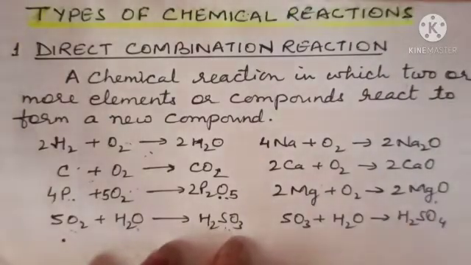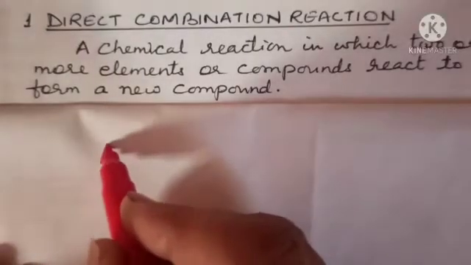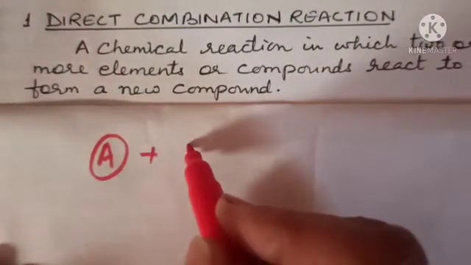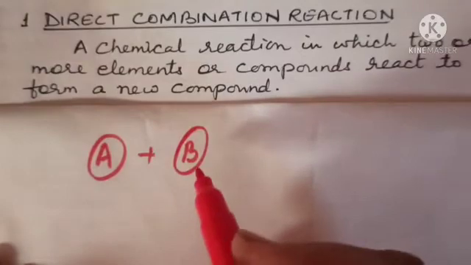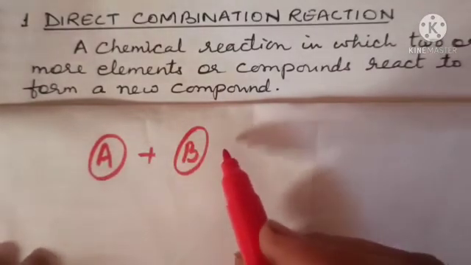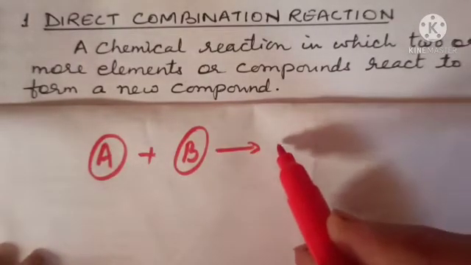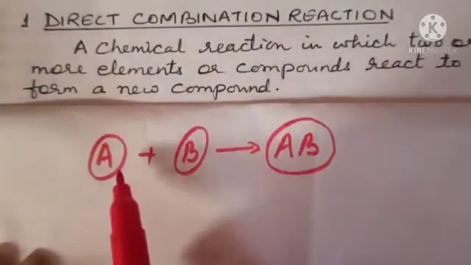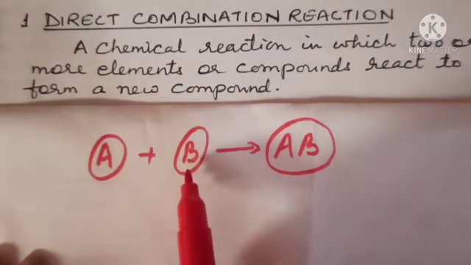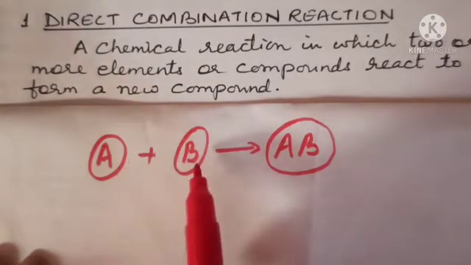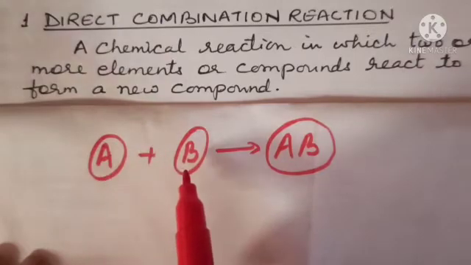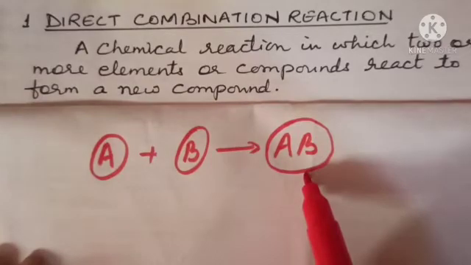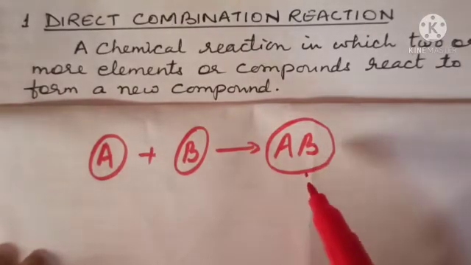For example, A is one reactant, which reacts with another reactant B. When these 2 reactants combine, they form a new product called AB. And this reaction is called direct combination reaction. It means 2 elements, or they may be 2 compounds, react together and form a new compound. Understood?